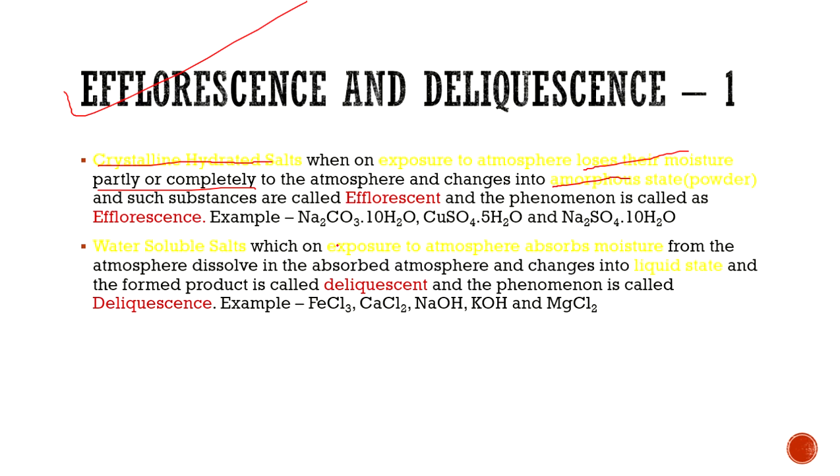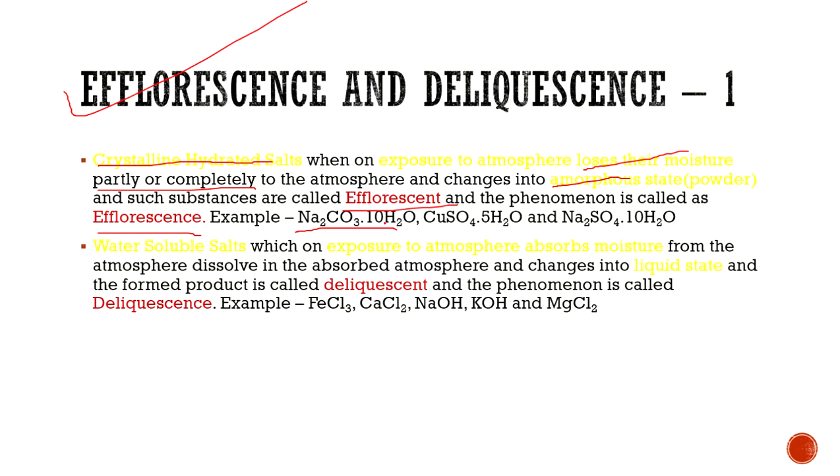So these substances are efflorescent and the process is known as efflorescence. Examples: Na2CO3·10H2O or washing soda, then copper sulfate, then Glauber salt. Give any one or two examples.